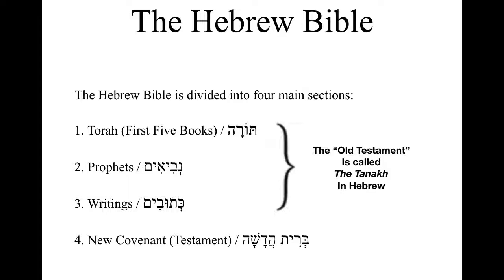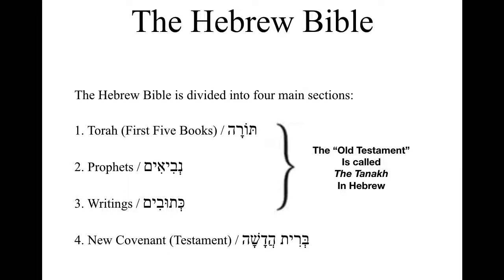Let's talk about the Hebrew Bible. The Hebrew Bible is divided into 4 main sections. The first 5 books are the Torah, then the prophets, which is the Nevi'im, and the writings, which is the Ketuvim. This is what we would commonly call the Old Testament, and in Hebrew you'll hear it called the Tanakh, which is the Tav from Torah, the Nun from Nevi'im, and the Kaf from Ketuvim.